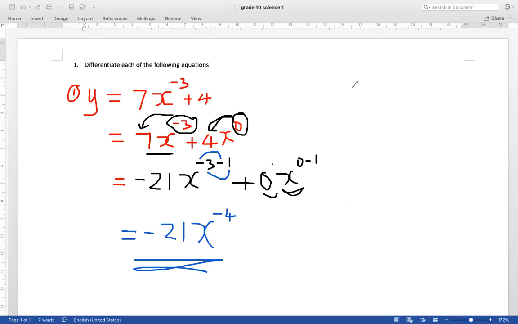Number 2. I think these other ones were okay. I'll just do number 2 as well as number 3. So number 2, what did we have? Number 2, we had y is equal to -8 over x power 4, and then to this term we were subtracting a 3.